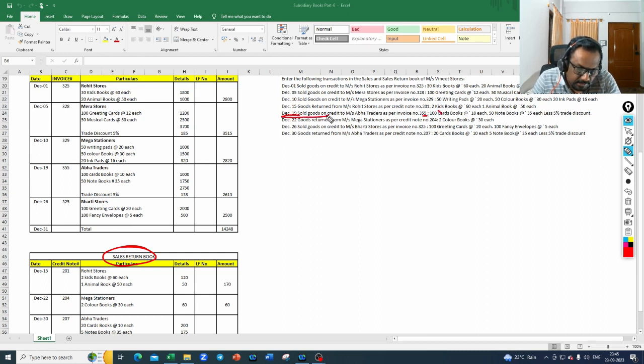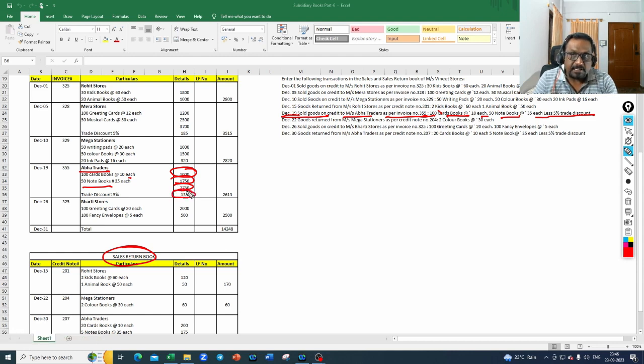is this one. December 19th, sold goods on credit to Abha Traders as per invoice number 355: 100 card books at 10 rupees each, 50 notebooks at 35 rupees each, less trade discount 5%. See here, Abha Traders, 100 card books, 10 rupees each, 100 into 10, 1,000. 50 notebooks at 35 rupees each, 50 into 35, 1,750, total put together 2,750, and trade discount 5%.